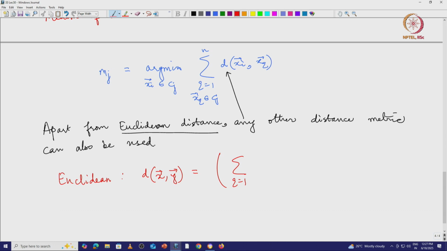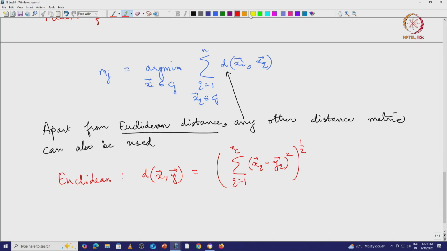So let us denote the number of components of the vector as nc, and then this goes from xq minus yq whole squared, to the power 1/2.